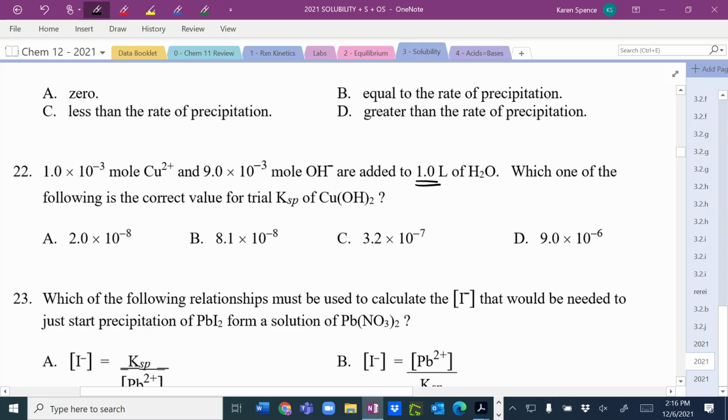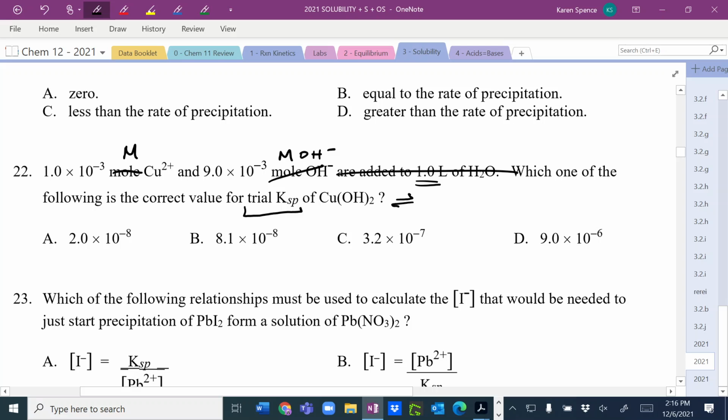So in fact, I could just say that's molar OH-, and molar Cu2+. I would like to know what is true about the trial KSP.